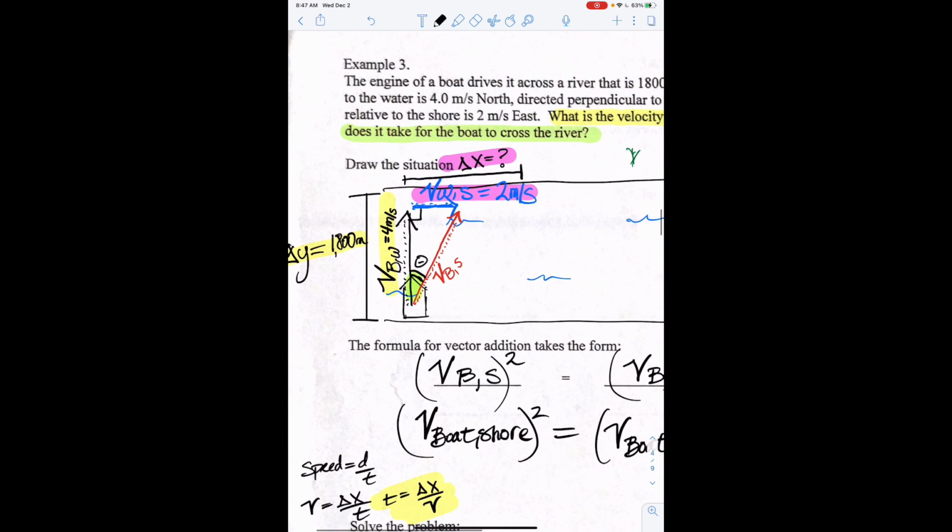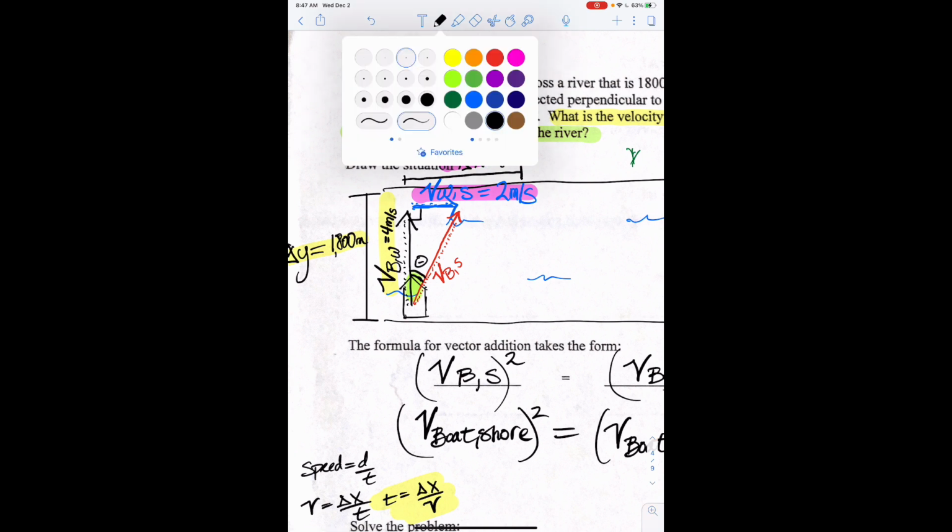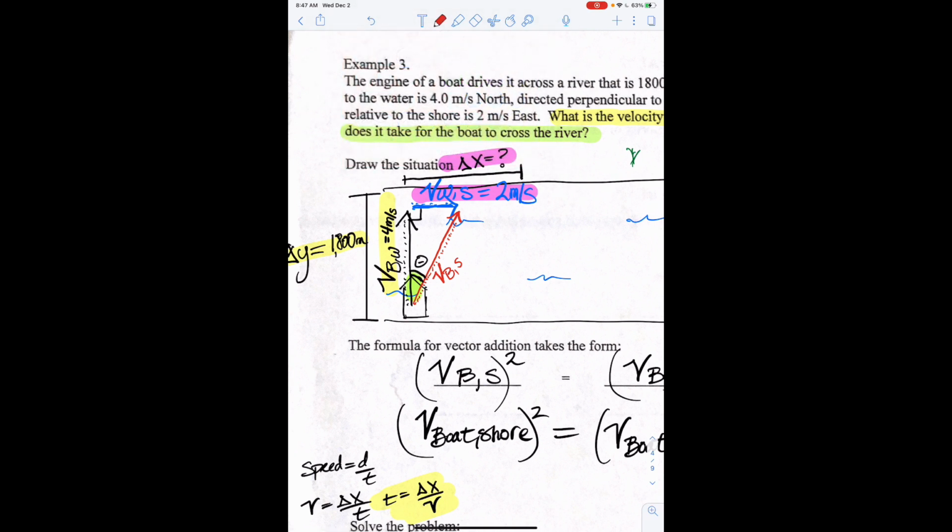So what I'm saying is when the boat takes any of these vectors, right? When the boat is just going to take one vector, it's going to take this vector. But the time for the boat to move on this red vector is identical to the time we just solved. That's the key part to understand, right? The time we solved is the time to take that red vector.